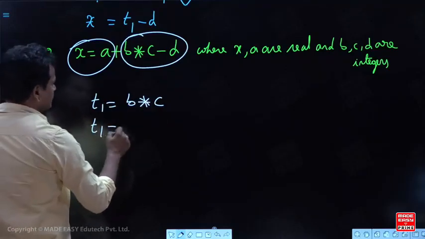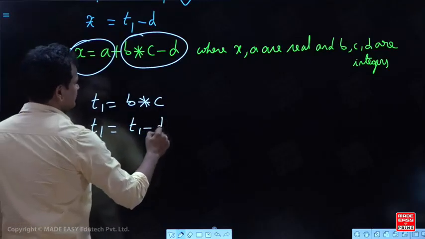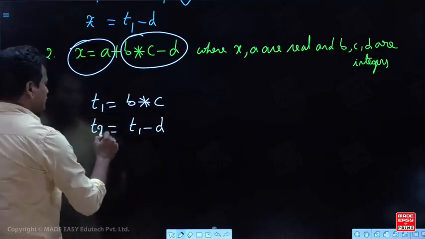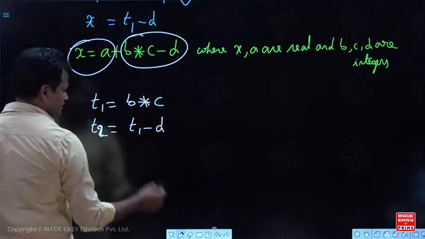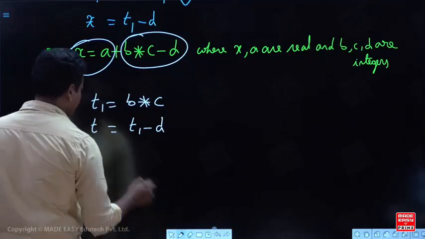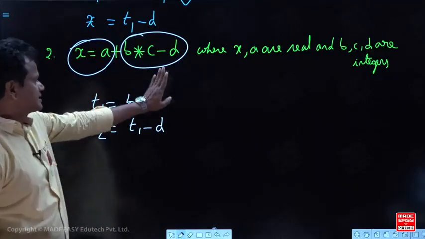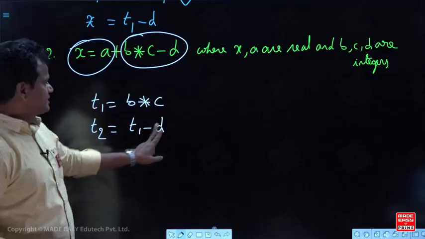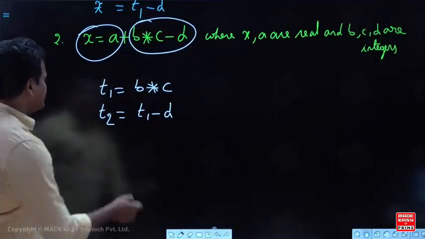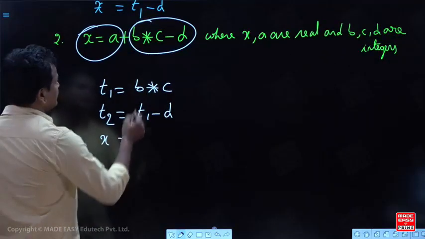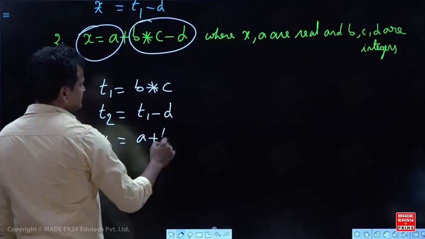Then T2 equal to T1 minus D. We are not concentrating on the minimal number of variables, I don't want to confuse, so that is the reason I am writing T2 equal to T1 minus D. T1 is integer, D is also integer, then T1 minus D is integer.